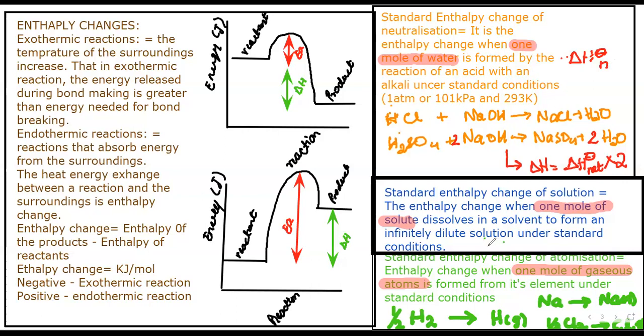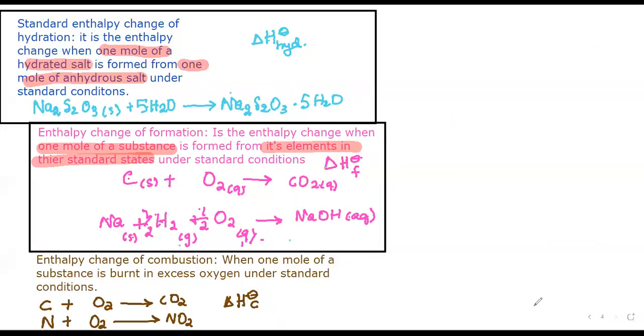This is the symbol for standard enthalpy change of solution. And this is the symbol for standard enthalpy change of atomization. These are the definitions that you have to know to be able to answer the questions.